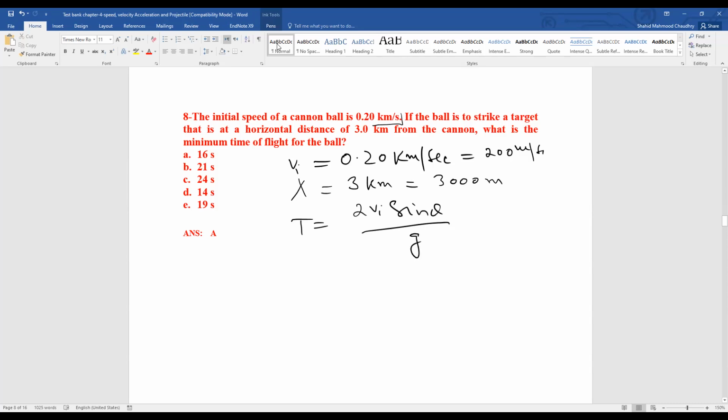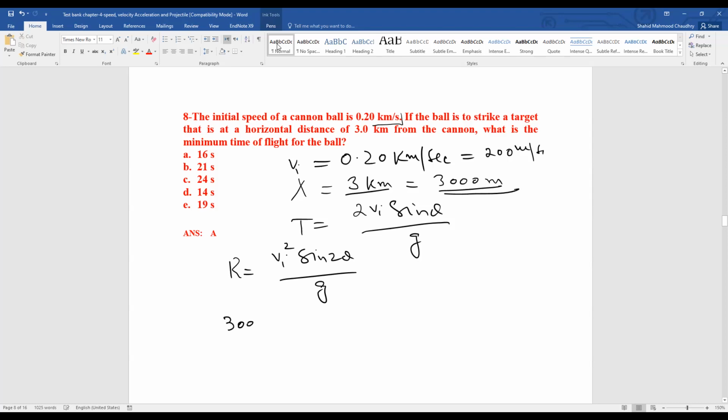This is the formula, but to apply it we have the value of Vi and we don't know the value of theta. So to find theta, we have to apply another formula: R is equal to Vi square sine of 2 theta over g. R is actually this X, the horizontal range.